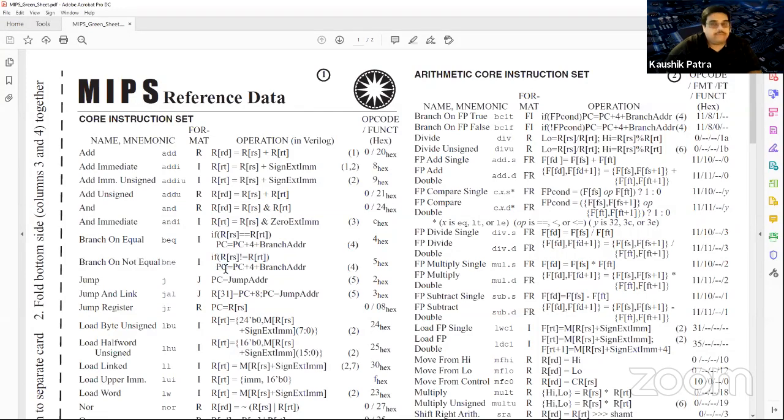This PC is the future value of the PC, the next program counter from where it needs to pick up the instruction: the address of this current BNE instruction, whatever that address is, +4 plus a branch address. So this is an offset with respect to the current value of the program counter +4.